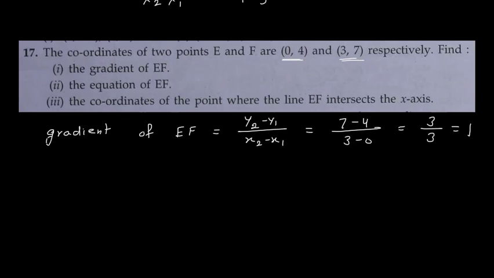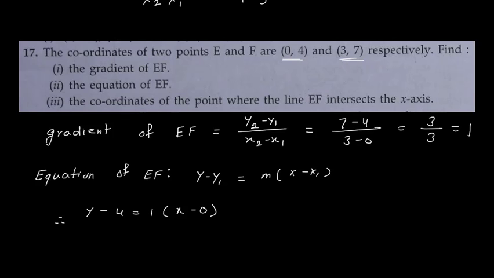Then they ask the equation of EF. So the equation of EF is of the form y minus y1 is equal to m into x minus x1. So therefore here you can say that y minus y1, which is 4, is equal to m, we got 1, into x minus 0.